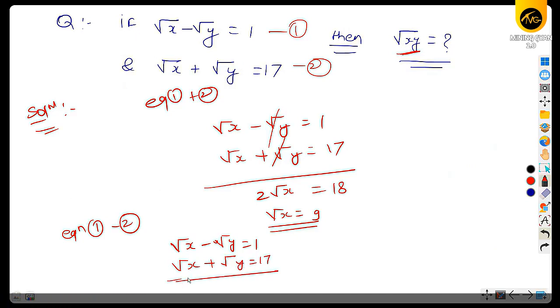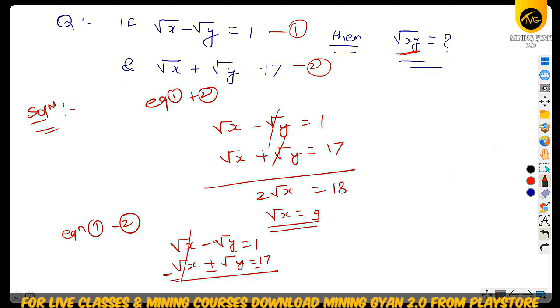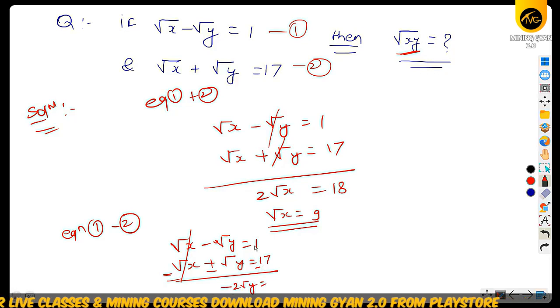Now if you want to subtract equation 2 from equation 1, we have to change the signs, minus and minus and minus. Now this will be cancelled. So minus root y and minus root y, that means minus 2 root y is equal to minus 17 plus 1, that means minus 16.